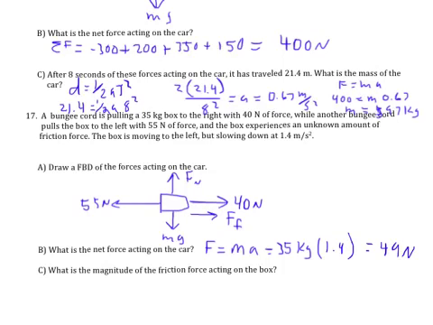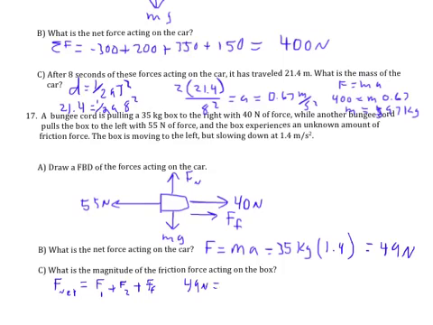So what is the magnitude of the friction force? I know that the net force equals the sum of the forces. I'll call it force 1 plus force 2, those are both bungee cords, plus force friction. So let's try this here. The net force is 49 newtons.